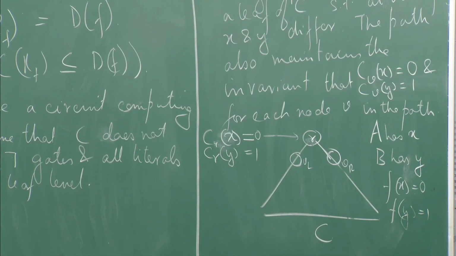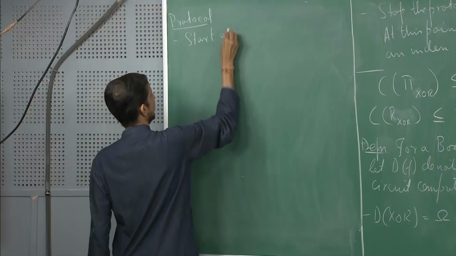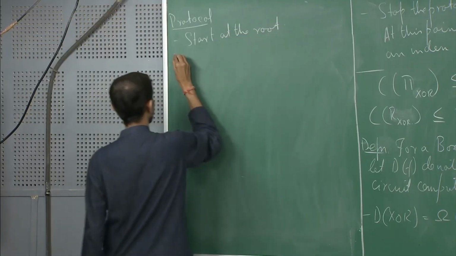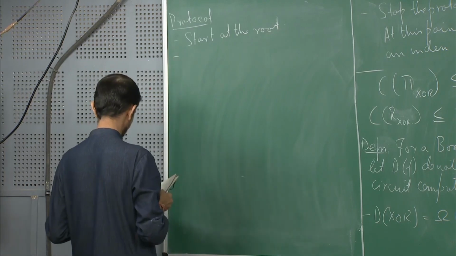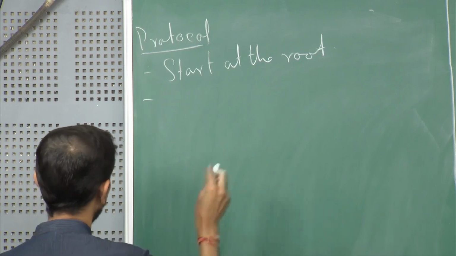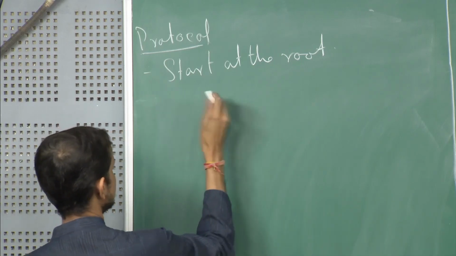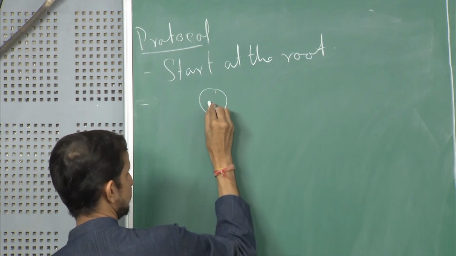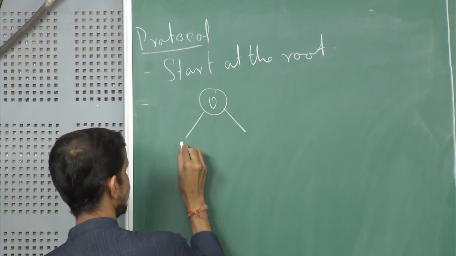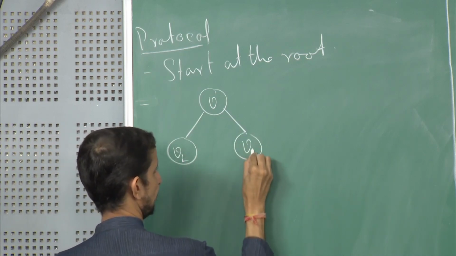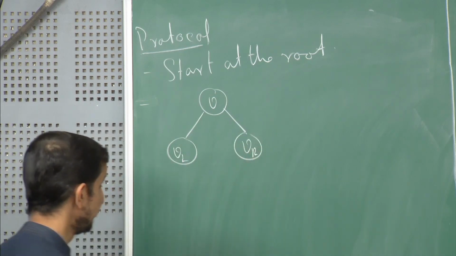So, start at the root. Let me show this pictorially, it is easier. Suppose I have a node V with children VL and VR.